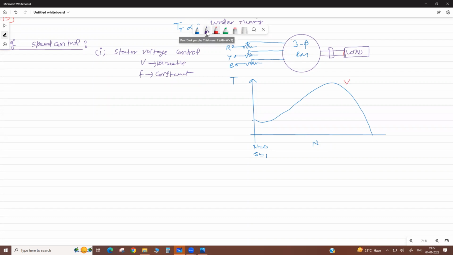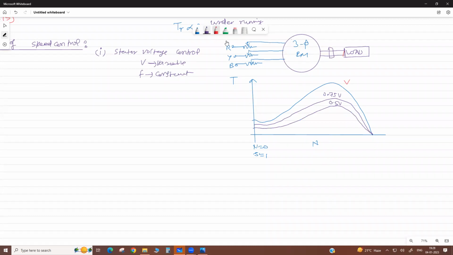If you reduce the voltage, this curve shifts like this. Here it is suppose 75% voltage. If you further reduce the voltage, the curve shifts like this, suppose at 50% voltage.